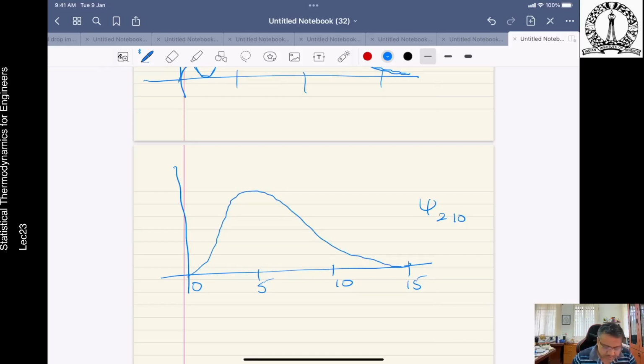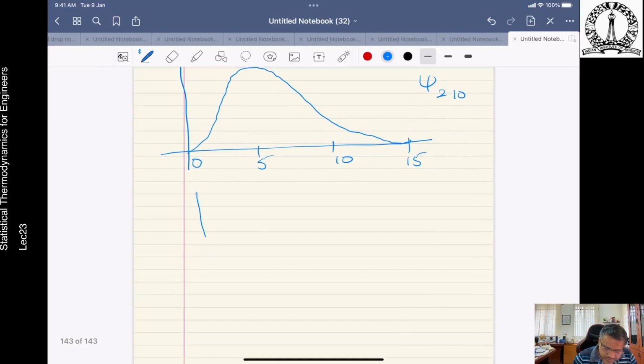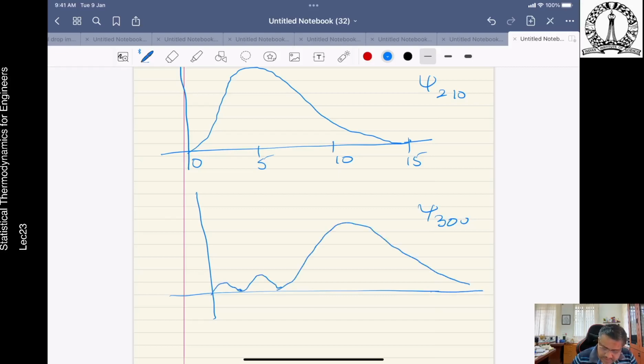So that is one. And then if you go on further, you can go on doing this basically. So chi 300 will be something like that. Now you can do 310 and so on and so forth.